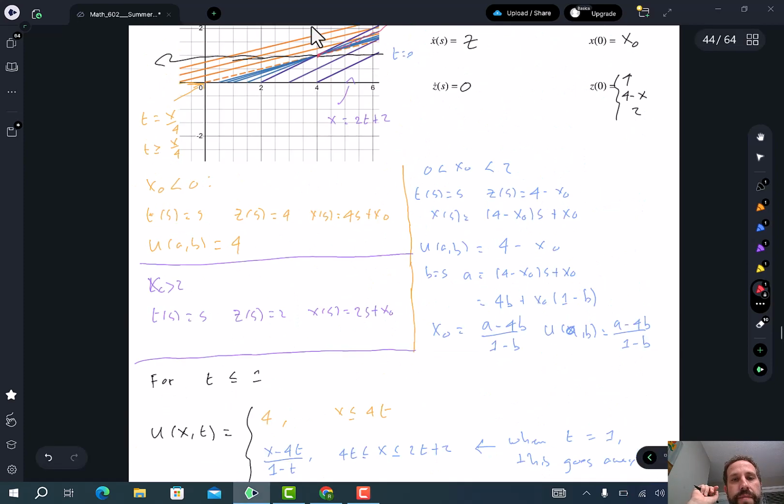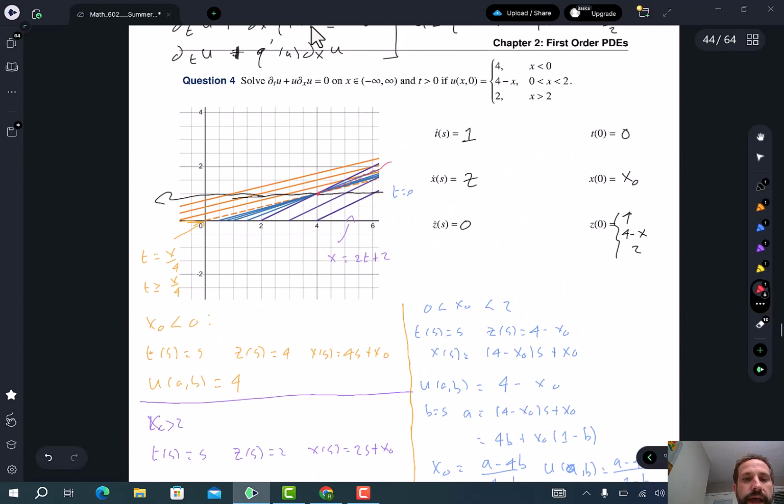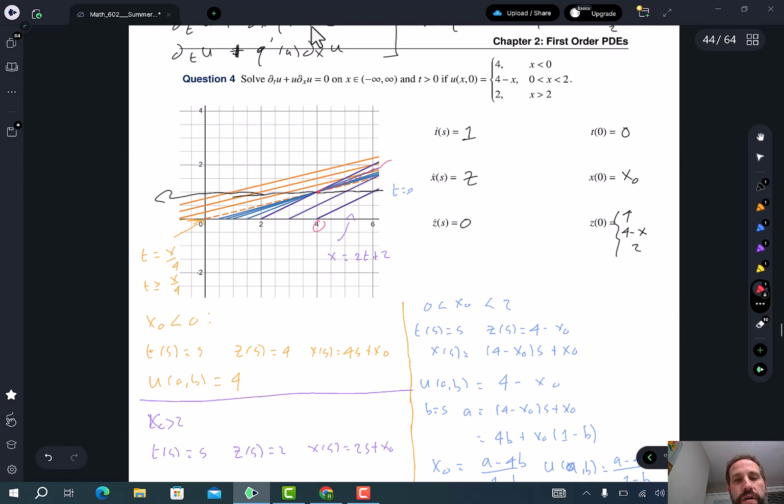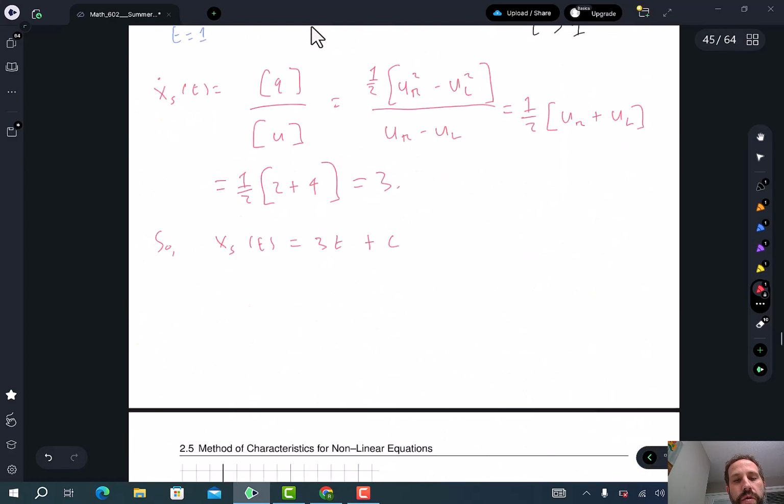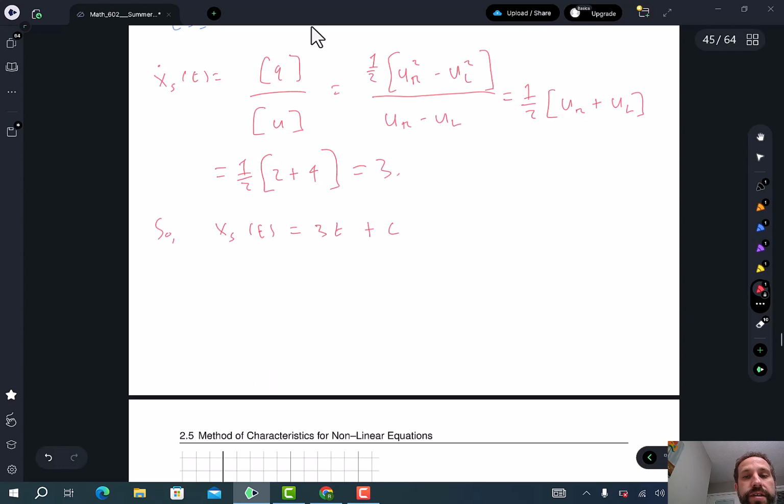If I come back up here, they intersect when t is equal to 1, and that happens when x is equal to 4. I'm saying that because I want to find c. So I know that 4 is equal to 3 times 1 plus c, so c is equal to 1.